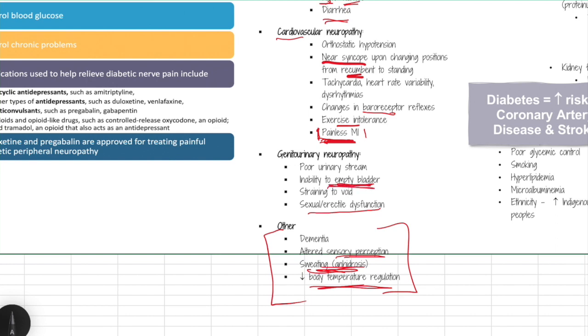What would happen if you have urinary stasis, right? All that urine is staying in there and pooling, and you're at a very high risk for UTIs. So people with that genitourinary neuropathy do have a lot of UTIs. They also have a lot of renal complications, right? The sexual erectile dysfunction is very, very big.